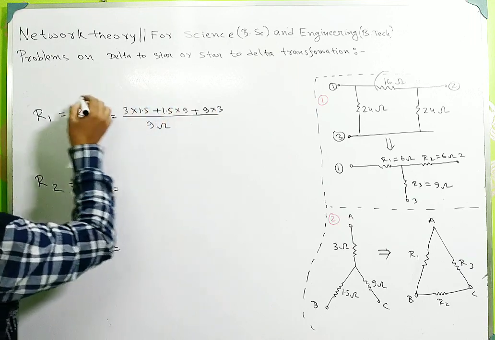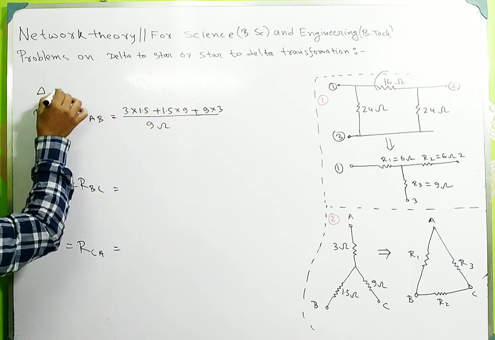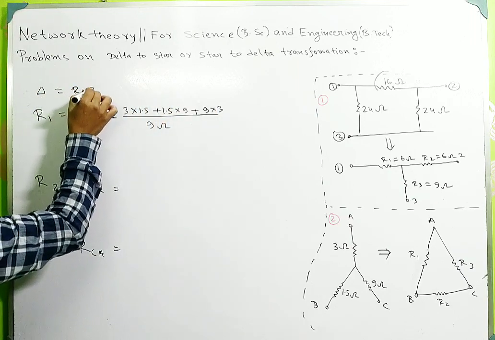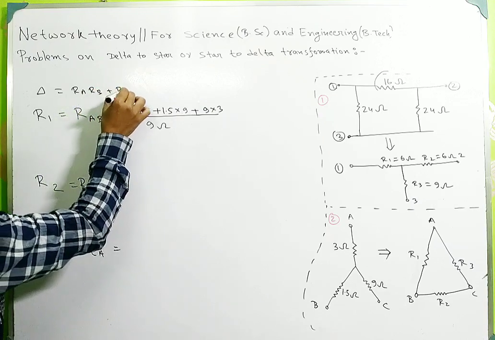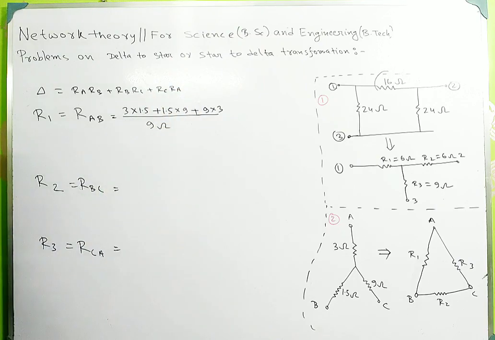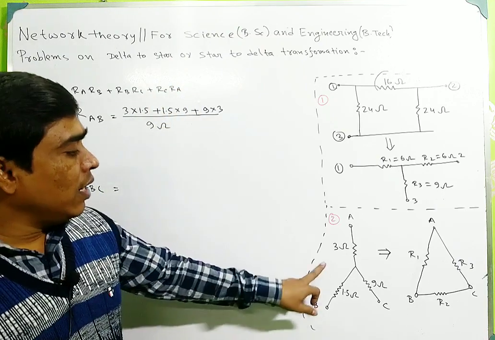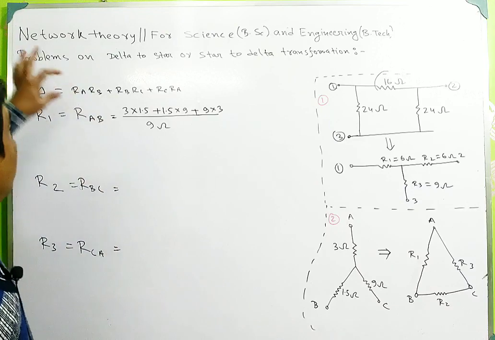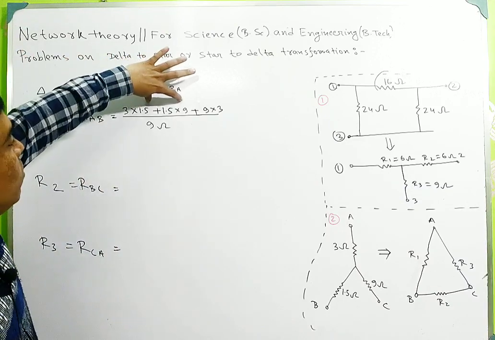For the star, this is RA RB plus RB RC plus RC RA. So this will be the delta.